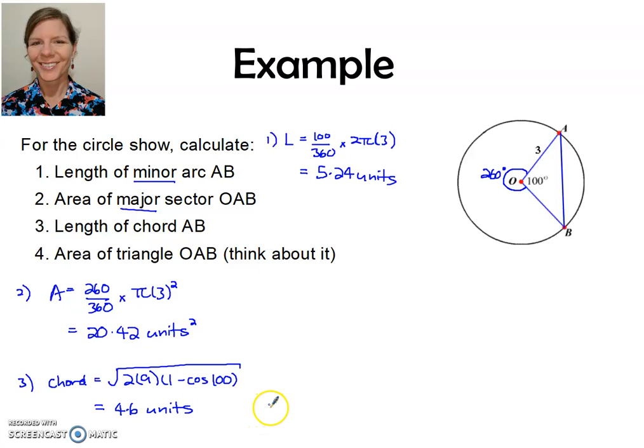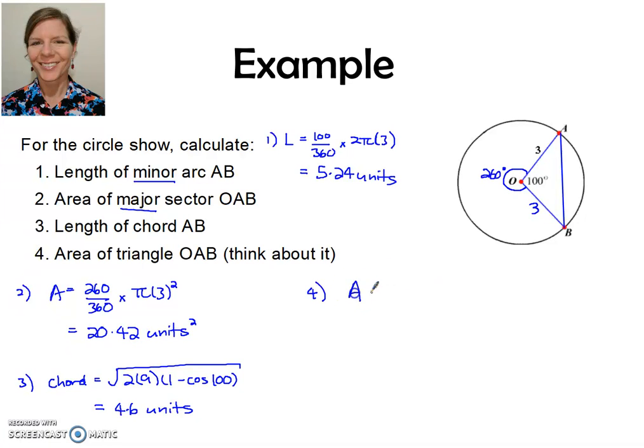Now the last thing, the area of triangle OAB. So we want this triangle. Again we know that OA is the radius of 3, and OB must also be the radius of 3. Now I have a triangle where I've got 2 sides and the included angle.